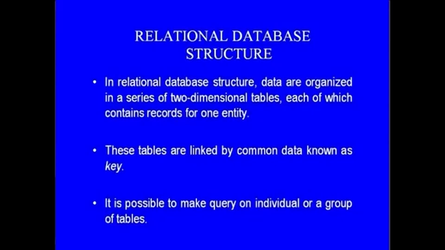In relational database structure, data are organized in a series of two-dimensional tables, each of which contains records for one entity. These tables are linked by common data known as key. It is possible to make queries on individual tables or a group of tables.